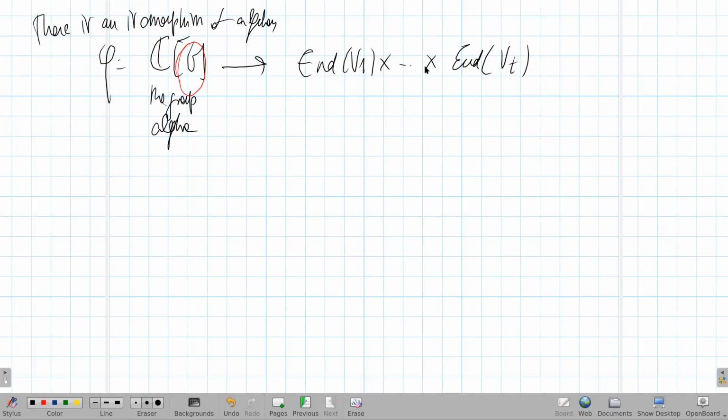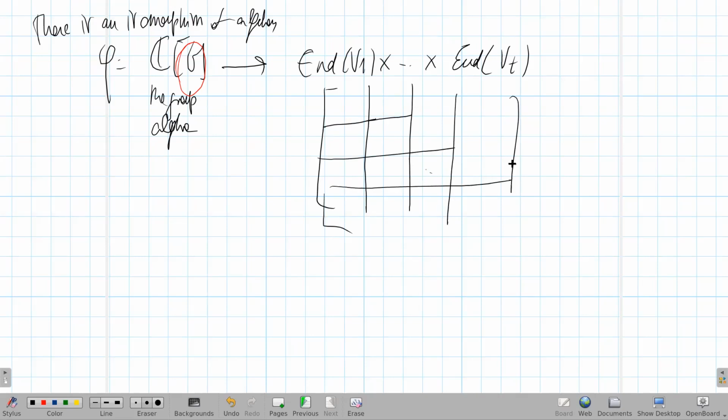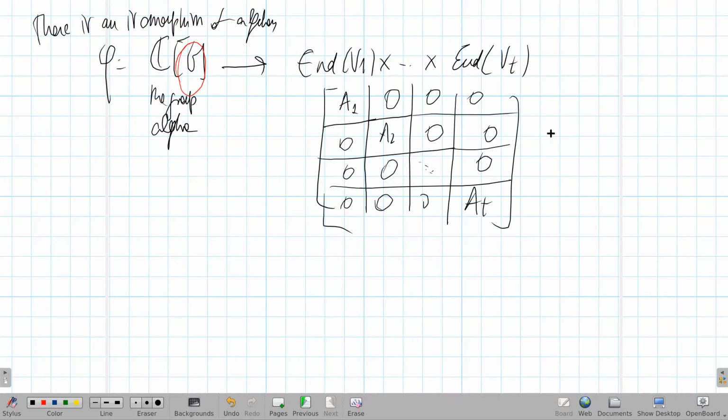What's this object? Well, this is really the set of all matrices, as I was saying earlier, matrices that have 0 in most of the places, and then there is a matrix here, A1, a matrix here, A2, and so on, until a matrix here, AT, where AI is simply a matrix in End VI.